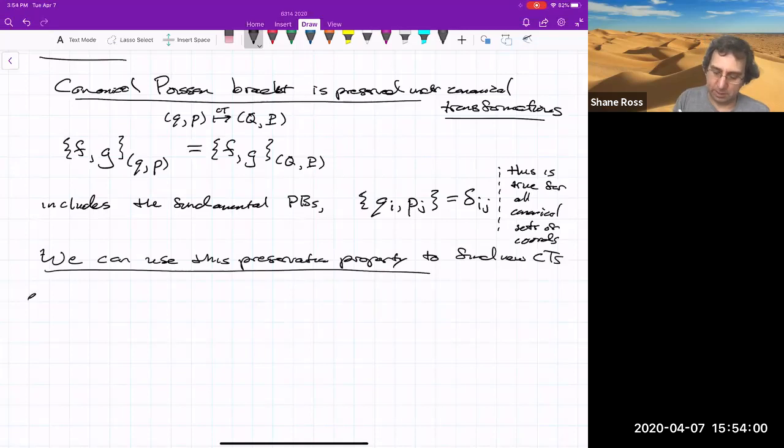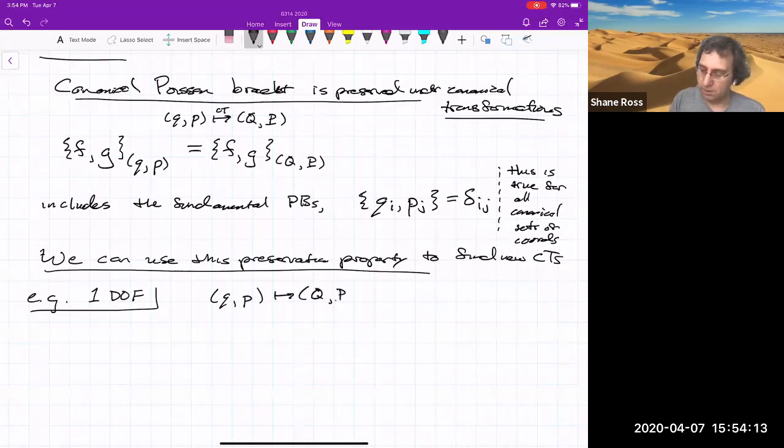How's that? Let me give a 1 degree of freedom example. So, just one single q and a single p, we want to transform to big Q and P, some new set. And we know that big Q with P, whatever this new set is, especially in the original variables, by this fundamental Poisson bracket property, this has to equal 1.